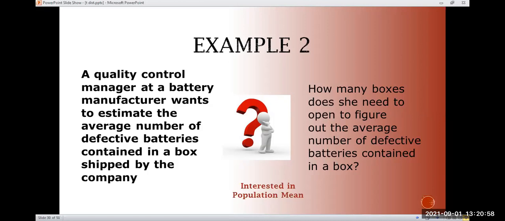There is a difference between population mean and population proportion. So for any given question, even for identifying your sample size, you first need to identify whether the question is asked with respect to the population mean or the population proportion.